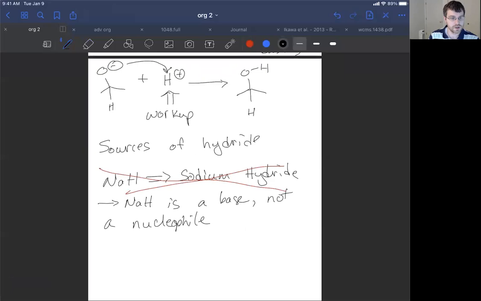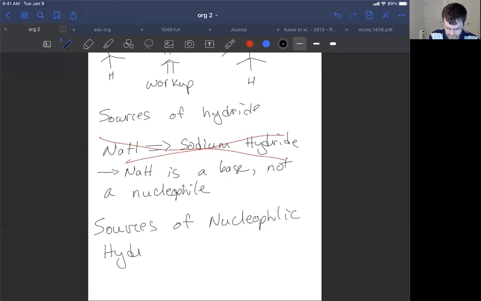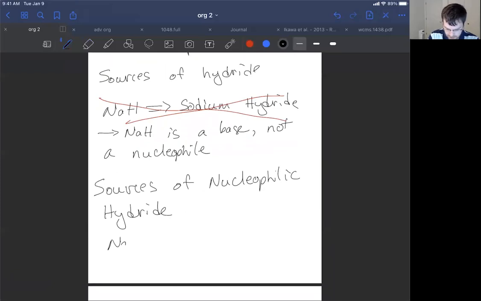Instead, we're going to use two other reagents that serve as sources of nucleophilic hydride. And they are NaBH4 and LiAlH4.